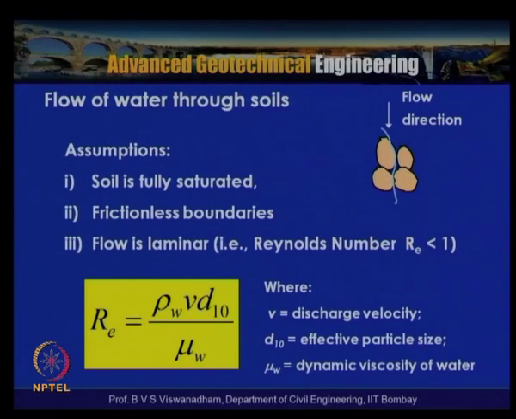For flow to be laminar in soil mechanics, Re is less than 1. The upper bound value is about 10 or so.